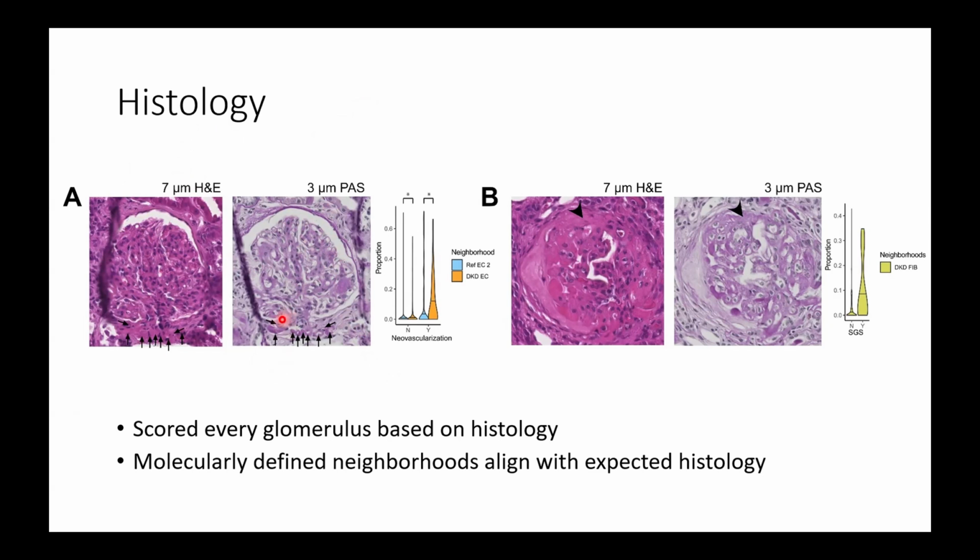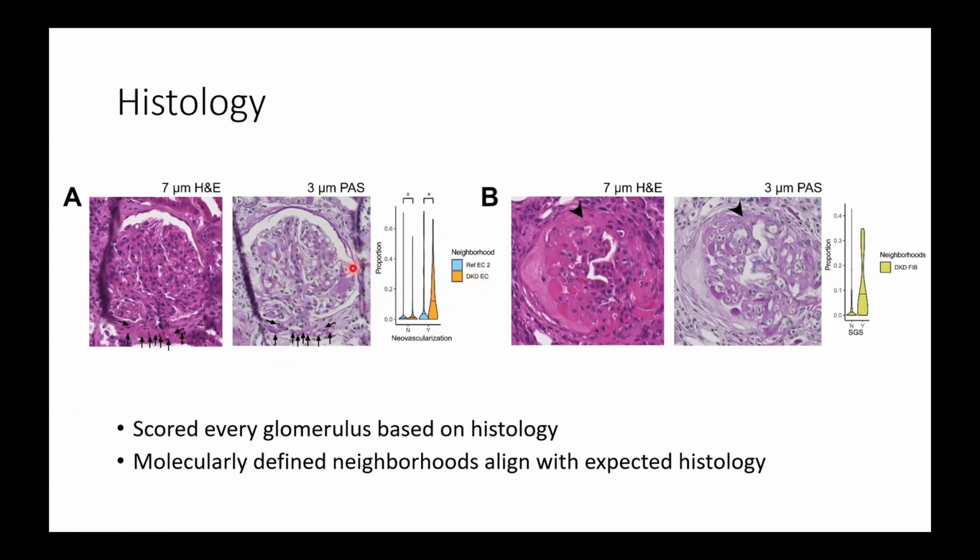And then what you can see, so here you have an example of those neovascularizations, kind of like what I showed before. And what we identified is that this DKD endothelial cell neighborhood, the first neighborhood that we identified, is associated with glomeruli with presence of neovascularization. So it is more likely to be found on glomeruli with neovascularization, right?